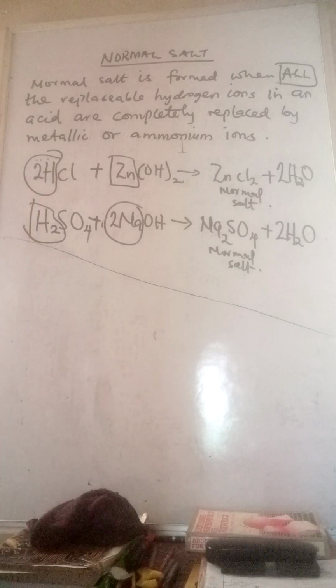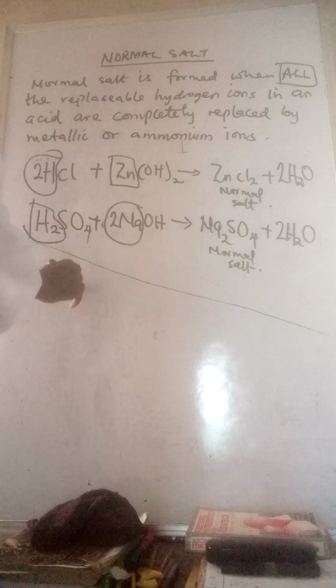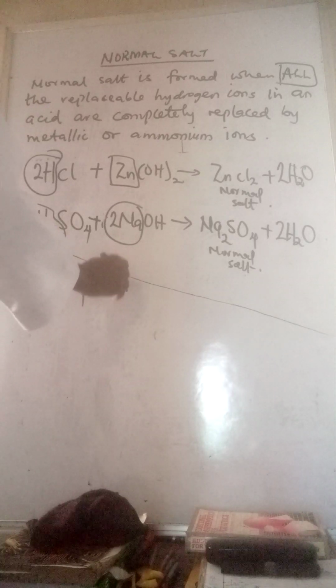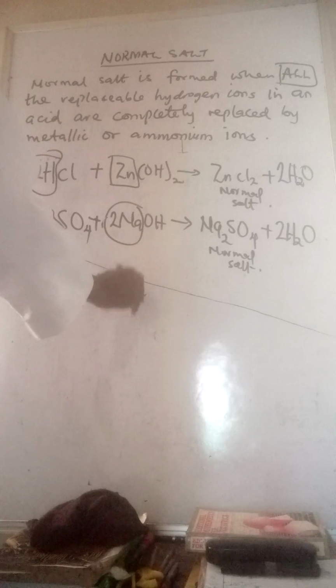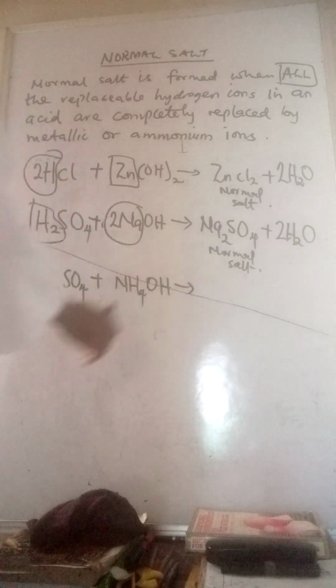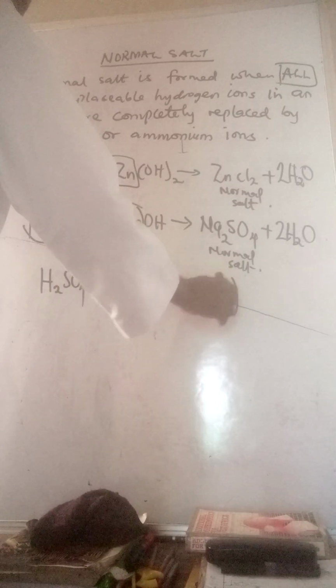Let me use ammonium ion. So, for example, if I have H2SO4, that is tetraoxosulfate 6 acid, with ammonium hydroxide, that will give me ammonium tetraoxosulfate 6 salt and the water.